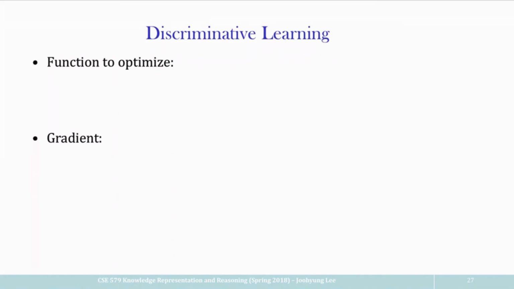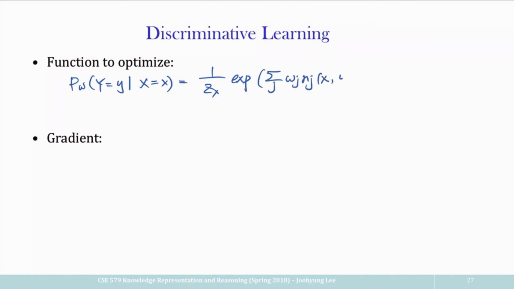So it is, okay, and as we saw before, this is this one. To optimize this, it is easier if we take the log likelihood of this conditional probability.